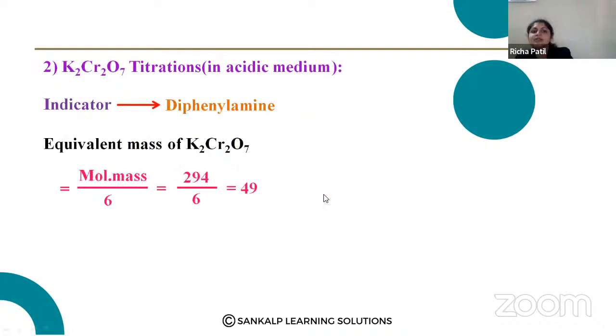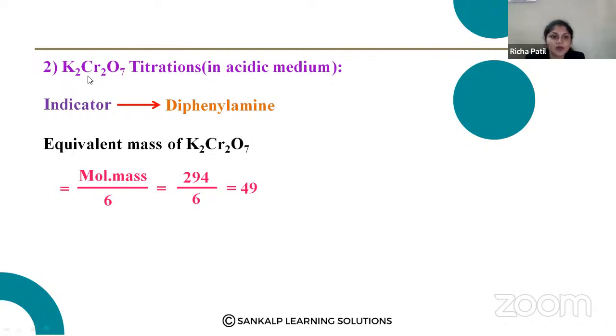Next is K2Cr2O7 titrations. K2Cr2O7 is potassium dichromate. When it is taken in acidic medium, in redox reactions, one will undergo oxidation, another will undergo reduction.